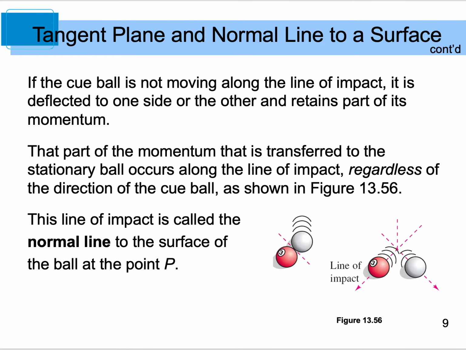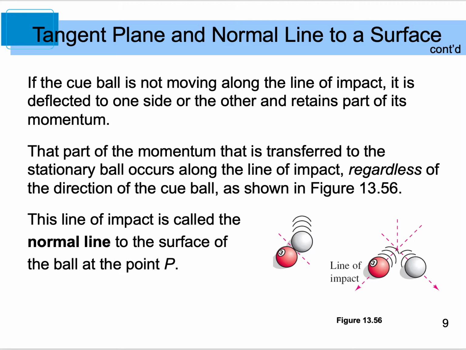If the cue ball is not moving on that line of impact, that specific trajectory, and it gets deflected to one side or the other, meaning it doesn't strike the ball, then it's going to keep part of its momentum because it hasn't struck anything to transfer that force to. The part of the momentum that's transferred when this occurs properly occurs on that line of impact regardless of the direction of the cue ball.